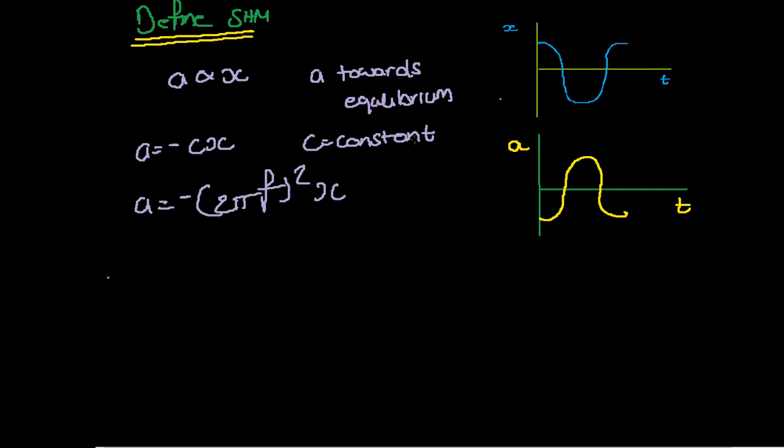Let me just write that in another colour as a reference. Omega is equal to 2 pi f. So the final equation we get is this: a is equal to minus 2 pi f squared x, or we could rewrite this as a is equal to minus omega squared x.